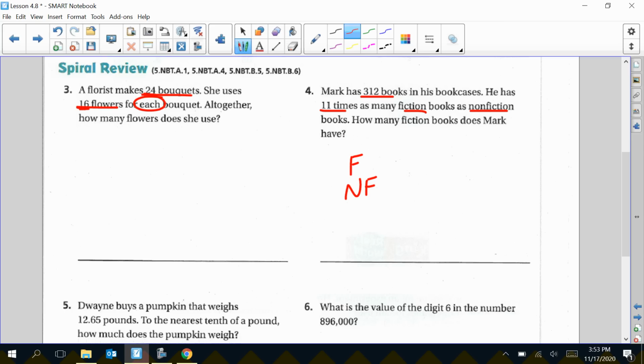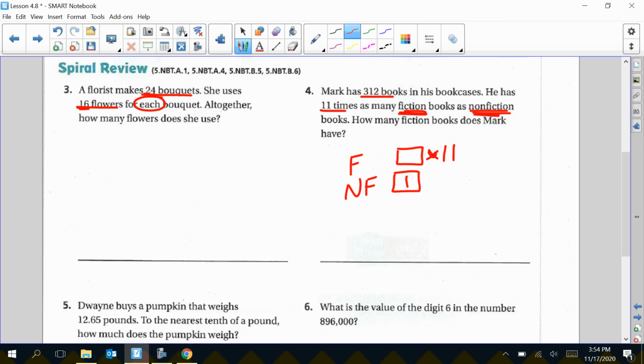He has more fiction books than nonfiction books. So we're going to give nonfiction 1 box. And we're going to give fiction 11 times that. He has 11 boxes.